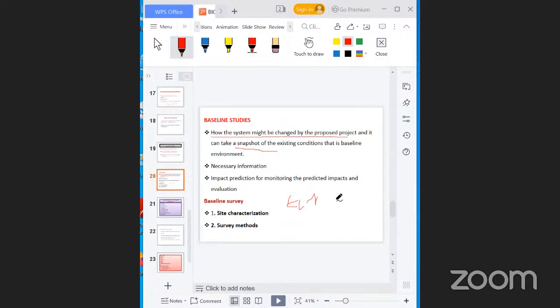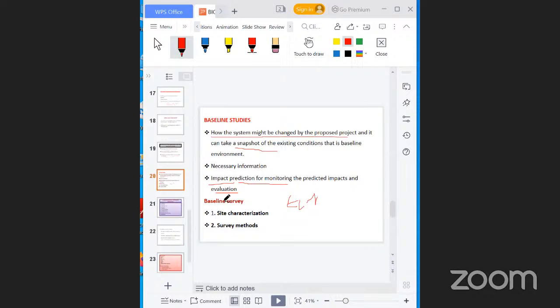So baseline studies establish a foundation for impact prediction, for monitoring the predicted impacts and for evaluating the success of the mitigation measures, right?